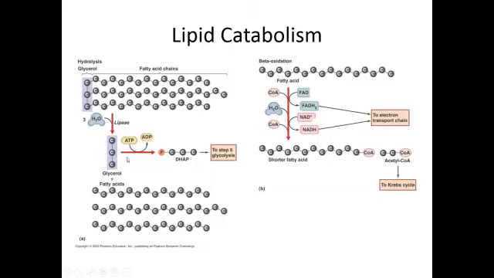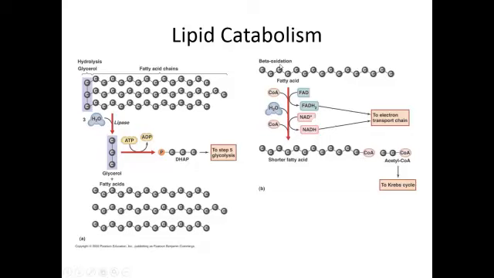Now we're left with these fatty acids. Well, we undergo a process called beta oxidation. So we mess around here, generate some FADH2s and some NADH, which go onto the electron transport chain and help produce ATPs. And we're left with an acetyl-CoA, which goes onto the Krebs cycle, and a shorter fatty acid chain.